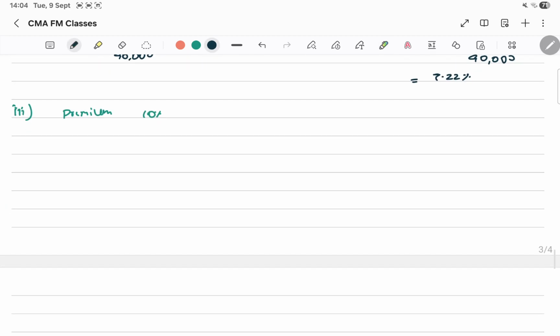So net proceeds NP equals 1 lakh. Premium is some extra amount we pay, so the value will be increased to 1,10,000.